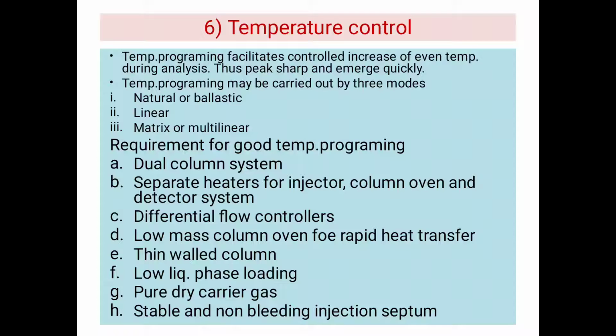Now, the requirements for good temperature programming: a dual column system is used to compensate for the bleeding of liquid phase from the column during increased temperatures. The second requirement is separate heaters for the injector, column oven and the detector systems.